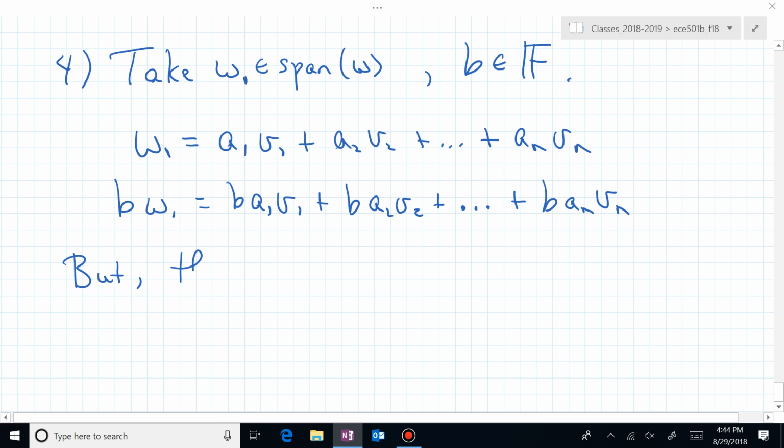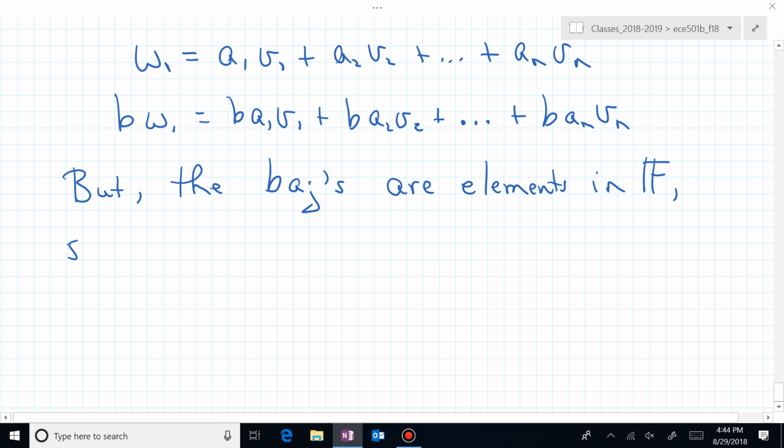But all of these coefficients, these B A sub j's, are elements of F, since B is in F and all the A's were in F. The B A sub j's are elements in F, since F is a field.